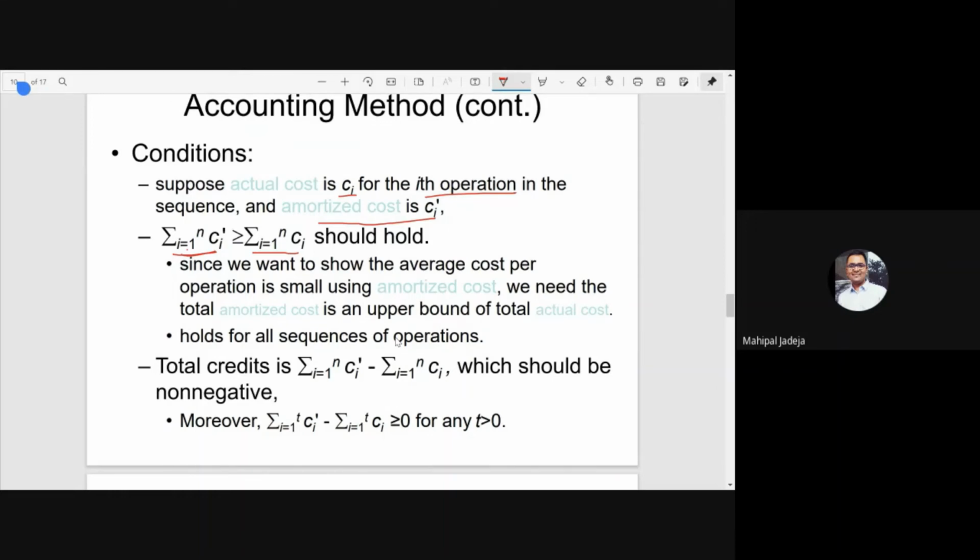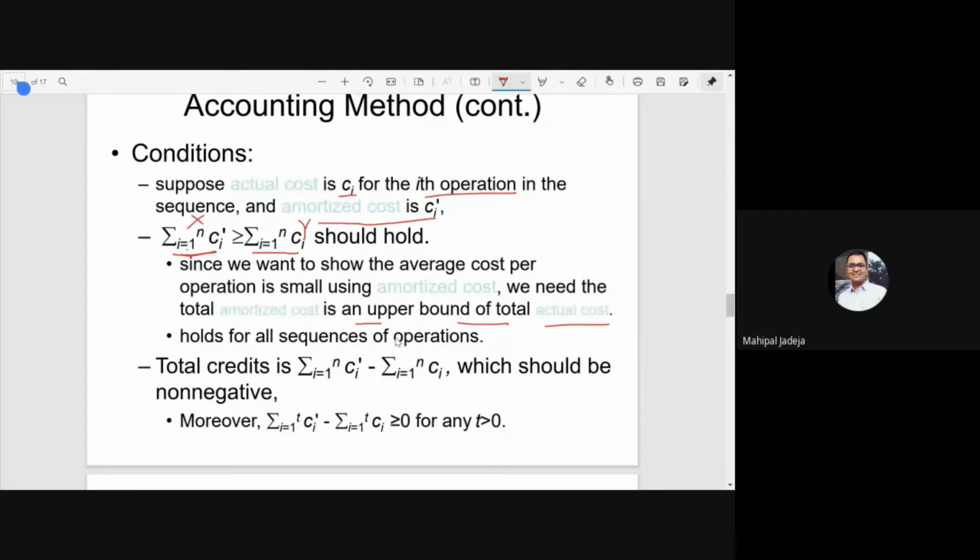This is because we want to show the average cost per operation is small using amortized cost. We need the total amortized cost to be an upper bound of the total actual cost. Whatever we are actually going to spend after an operation is on the right-hand side, and this is my amortized cost.